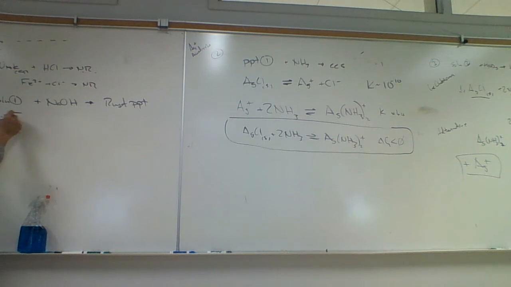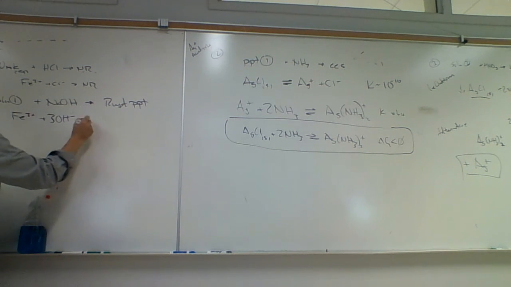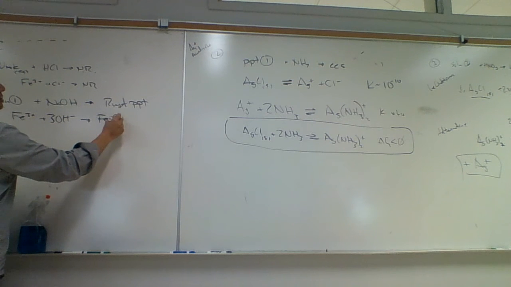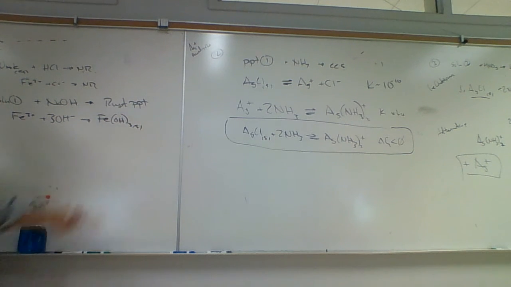Well, I'll tell you. It's going to be iron 3 plus, which is in solution 1, plus 3 hydroxides, going to give us iron 3 hydroxide, which is our rust precipitate solid.